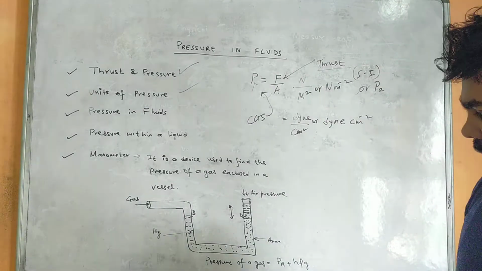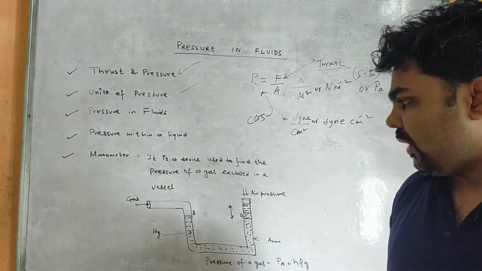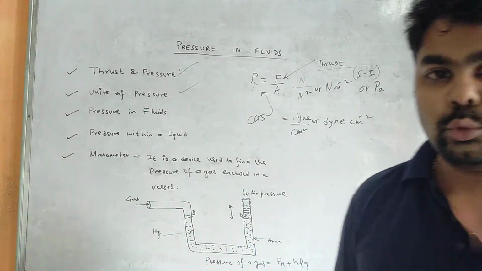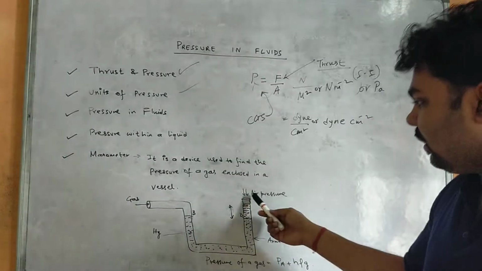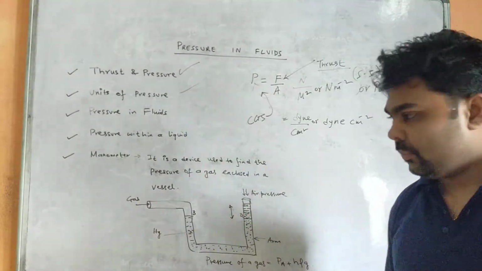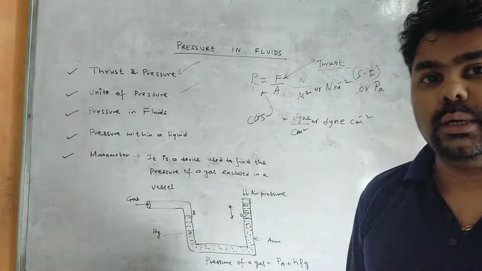You see, this manometer has two arms. One end is connected with the gas whose pressure you have to measure, and one end is just open where air pressure is acting. Now the manometer contains a liquid called mercury.